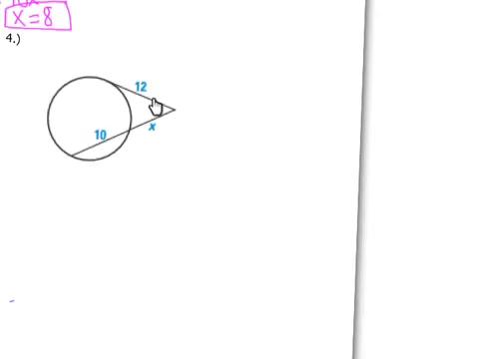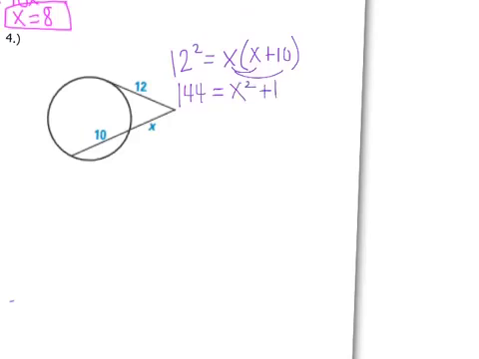We have the secant segment squared, so that's 12 squared, and then we have the outside part, which is x, times the whole thing, so that would be x plus 10. When we go to solve this, 12 squared is 144. On the other side, we'll distribute the x, so that would be x squared plus 10x. This is a quadratic equation.